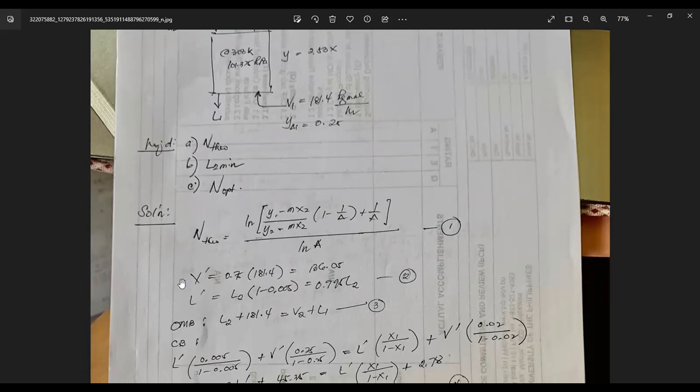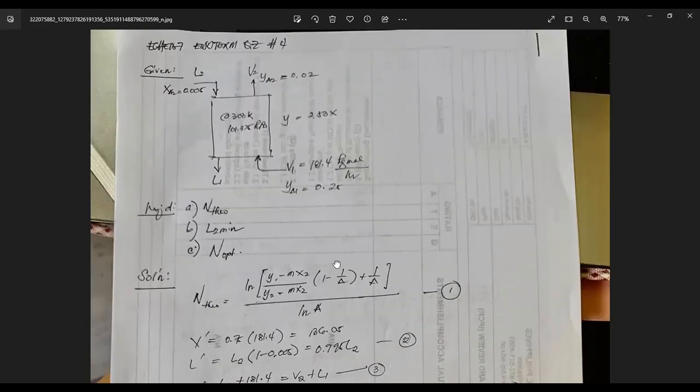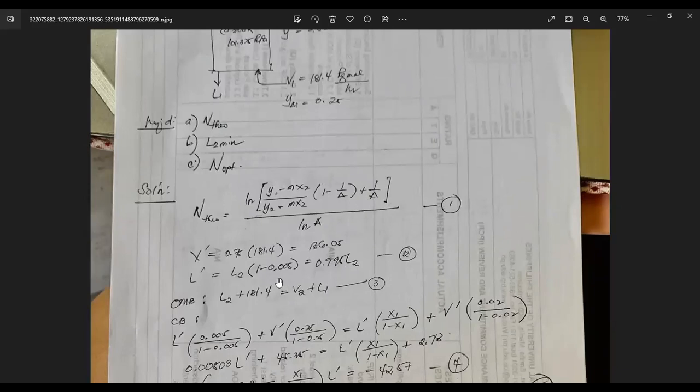Nonetheless, I determined here my inert streams. My inert streams are those streams that do not contain the solute or the component of interest that needs to be transferred to the solvent. So V prime is the representation of the inert stream for your feed gas, and L prime for your water, the pure water without, in this case, the ammonia.